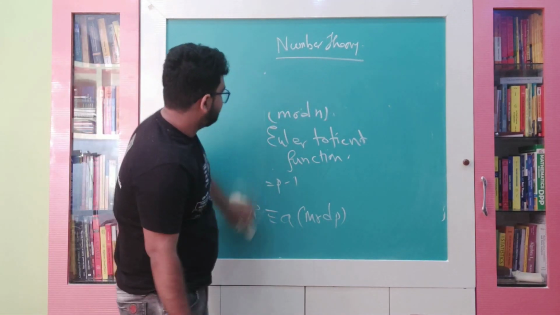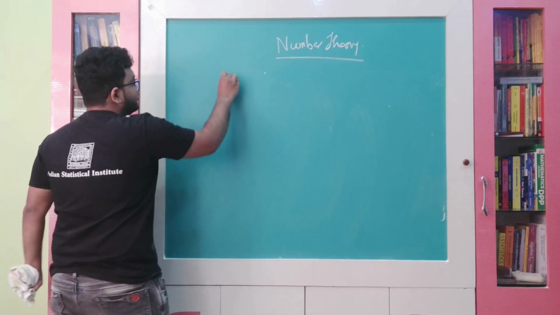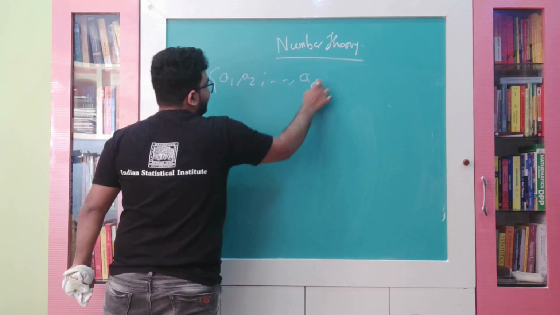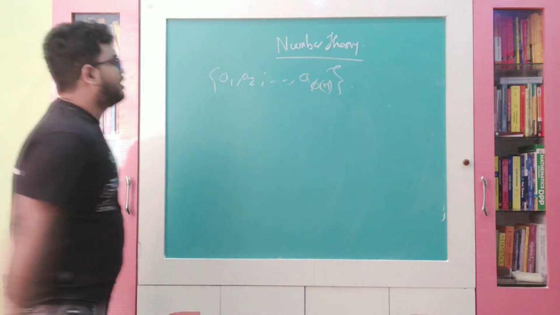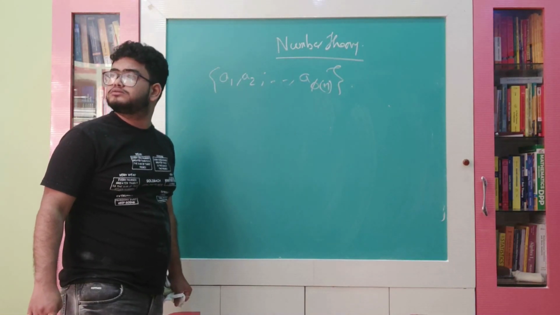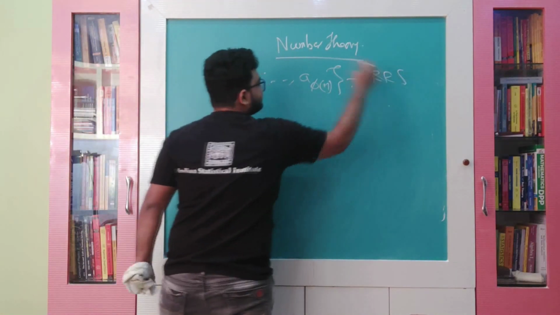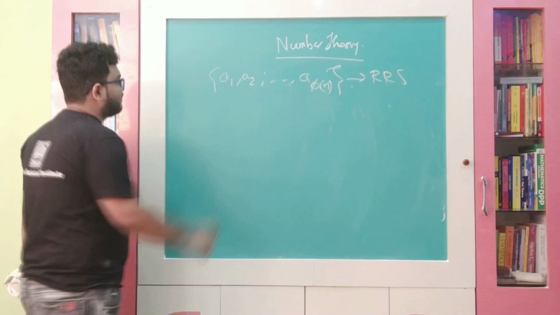Now, another amazing fact is that suppose A1, A2, up to A phi n are phi n integers which form an RRS, a reduced residue system.